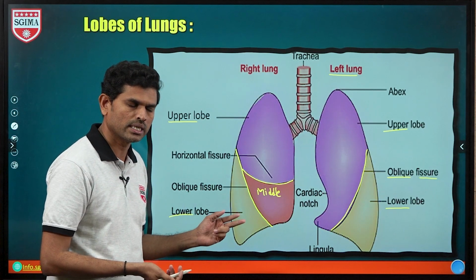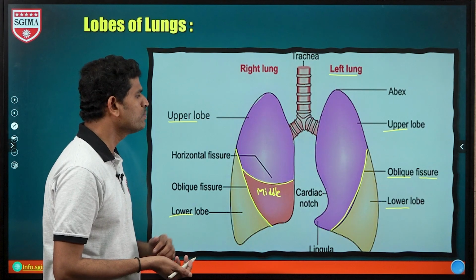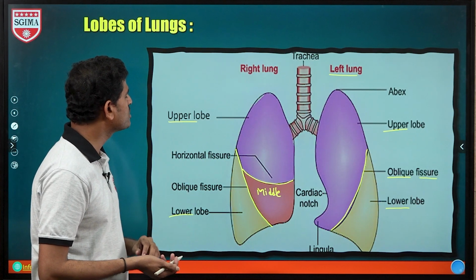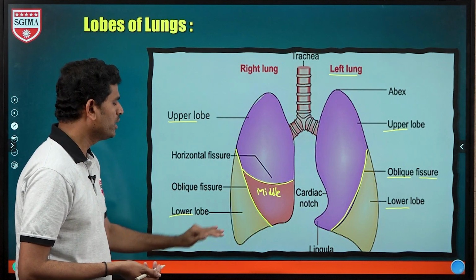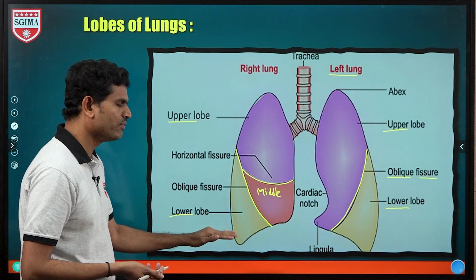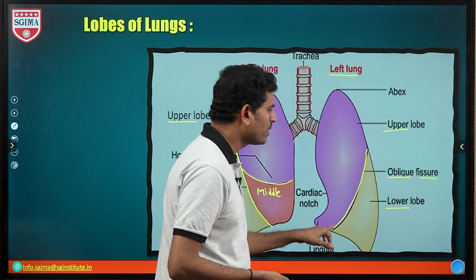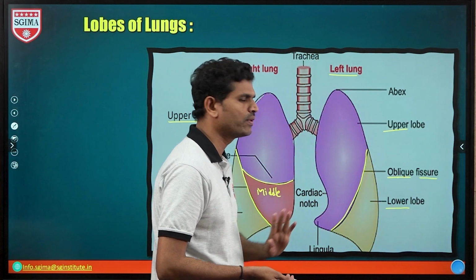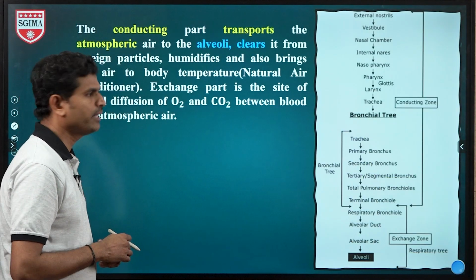These two fissures make the lung into 3 lobes, not 2 lobes, it is 3 lobes. Among these 3 lobes, the upper one is known as the superior lobe and the middle one is the middle lobe only. The lower one is known as the inferior lobe. And the left lung, due to the presence of the oblique fissure, is divided into superior and inferior lobes. That's enough. Now we can discuss the next slide.